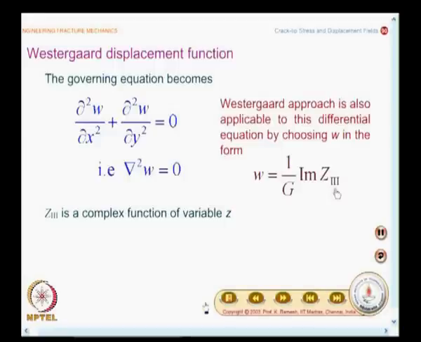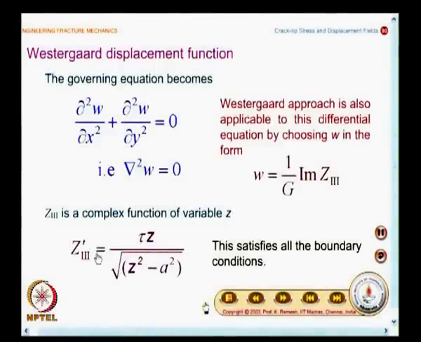You have to satisfy the Laplace equation and find out whether your W satisfies it. Here you look at what Westergaard has proposed. You have Z3, the Westergaard stress function, and what we are going to use is Z3 prime, which is given as tau divided by root of z squared minus a squared. If you substitute it in the Laplace equation and substitute what is W, it is completely satisfied.